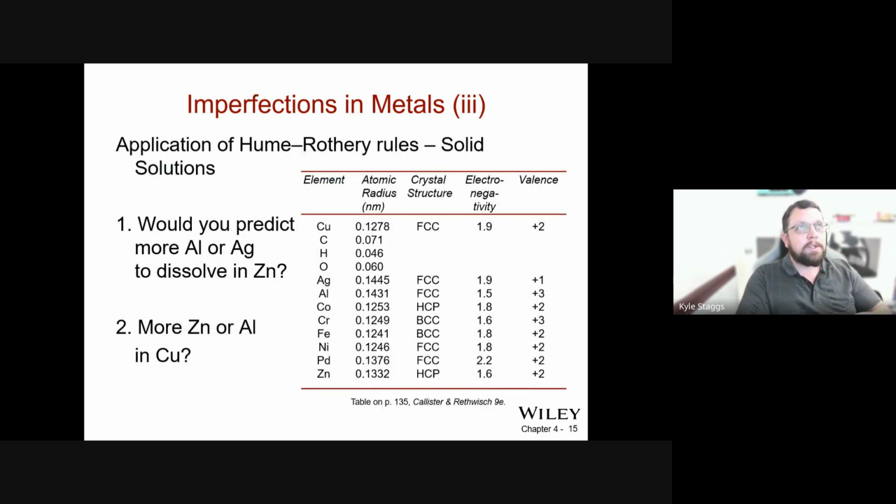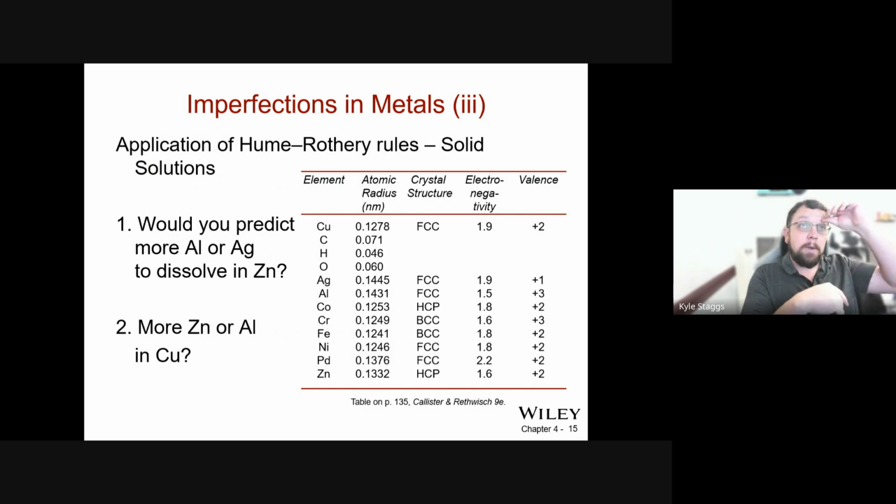So, applying some of these rules to solids with these imperfections, we want to think about: would you predict more aluminum or silver to dissolve in zinc, based on what we've seen there?